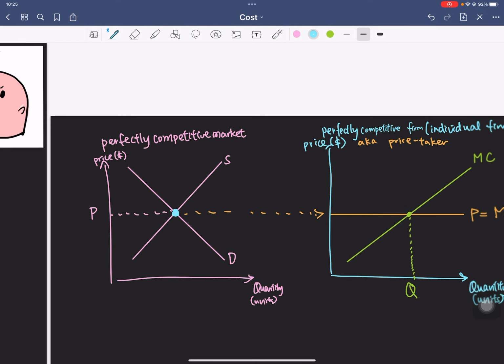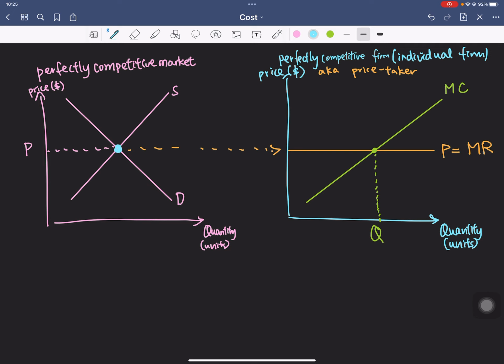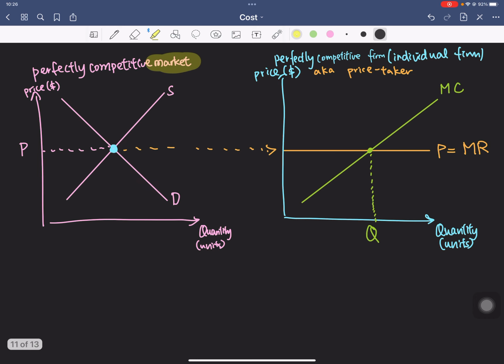So let's go to this. Right now you see there are two curves. The left hand side represents the market, our well-known demand supply diagram. And we have mentioned that, because of the features of the perfectly competitive market, the individual firm, on the right hand side of the diagram, is known as a perfectly competitive firm.